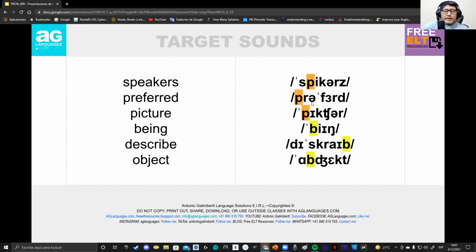They have the same point of articulation, same point of articulation for p and b, okay? In words like speakers, preferred, picture, and then b, being, describe, object. So we have the same point of articulation, p, b.